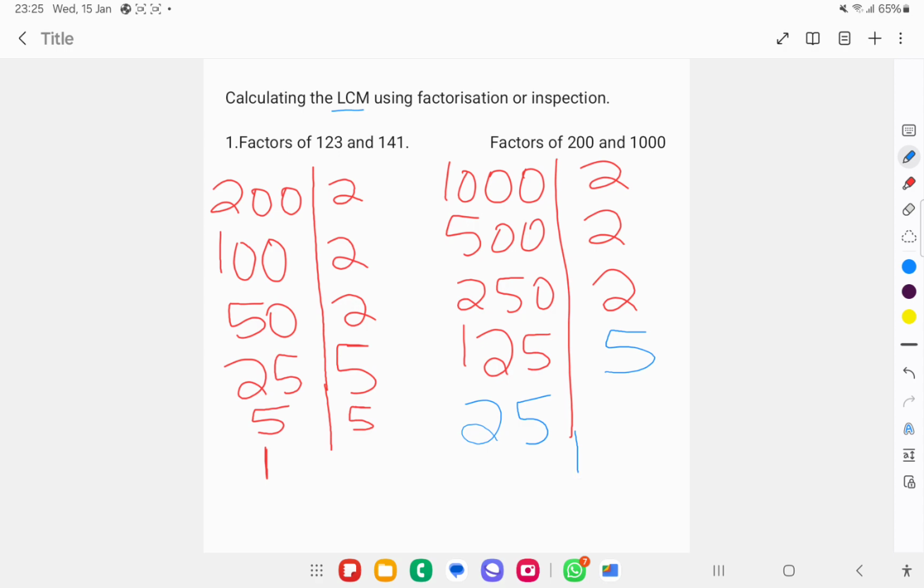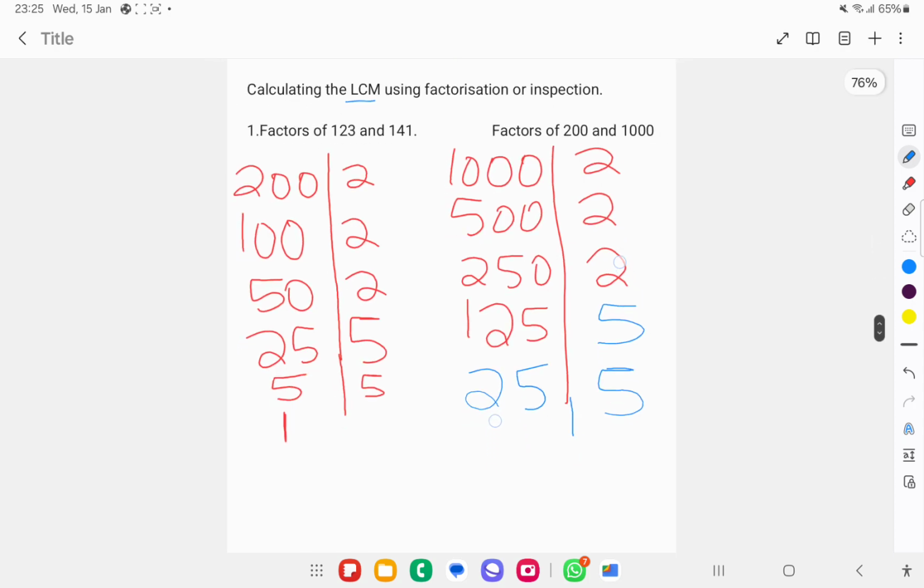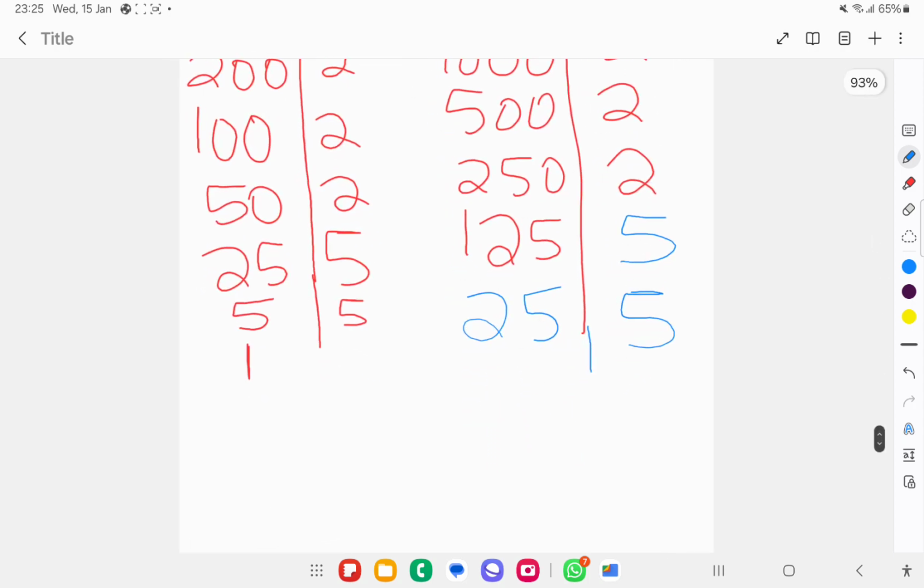Now what is the lowest prime factor that can go into 25? Of course it's another 5. And then from there, say 5 into 25, because that's the lowest prime factor, so it will give us 5. And then it's 5, and then we have 1.